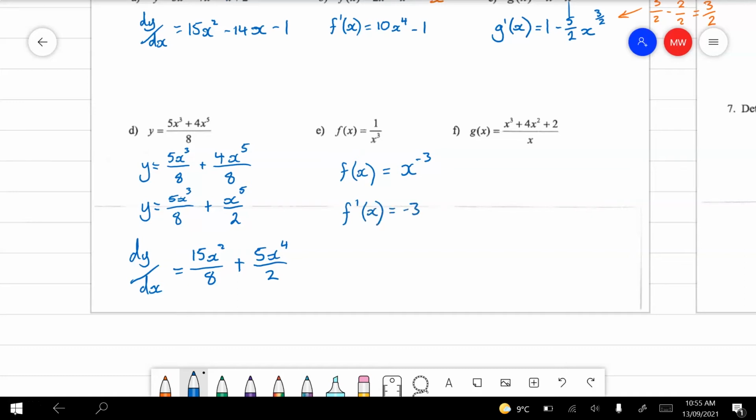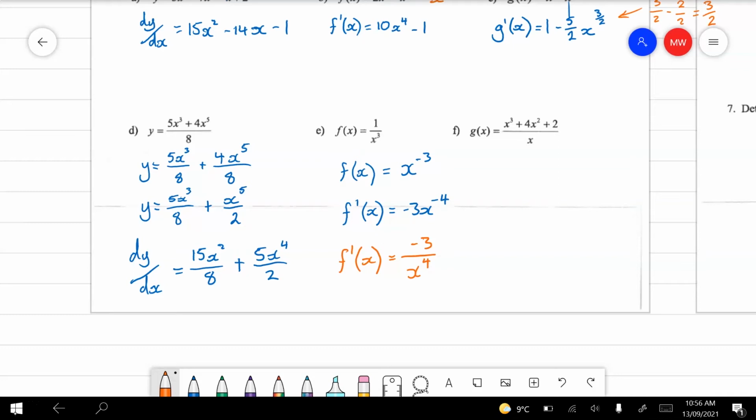So this will become -3x to the minus 4. And then let's just say that we were asked to give it in positive index form. That could also be written as f dash of x equals minus 3 over x to the positive 4, just to get it back into positive index notation.